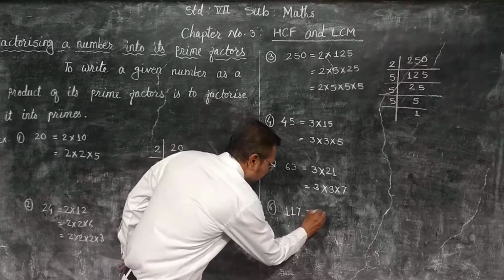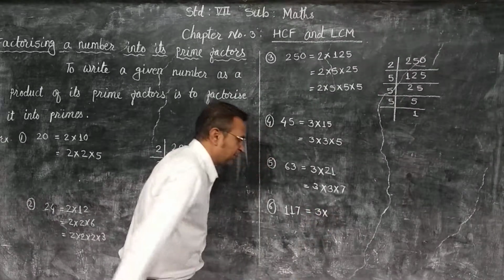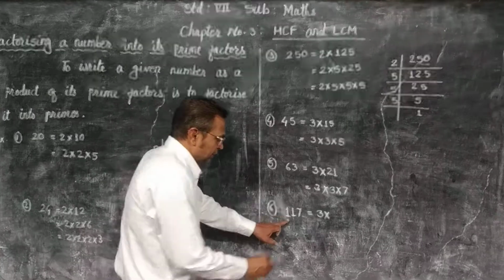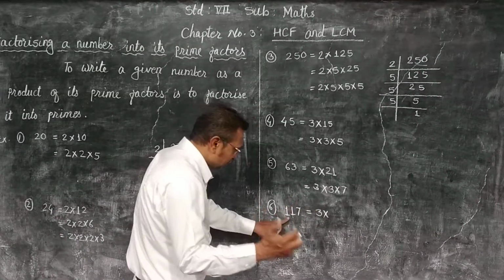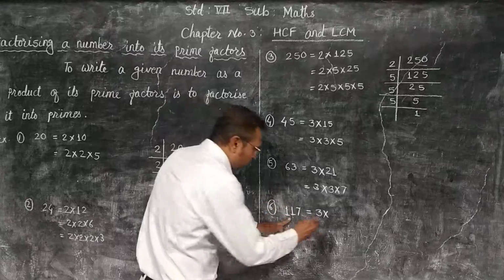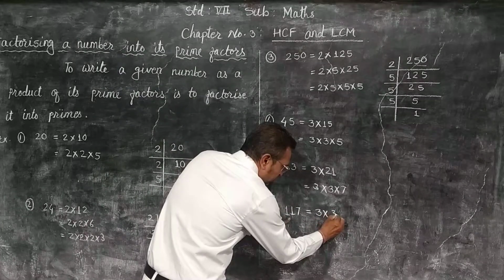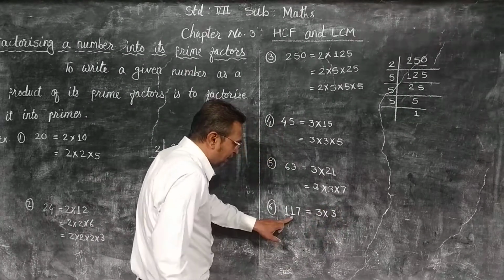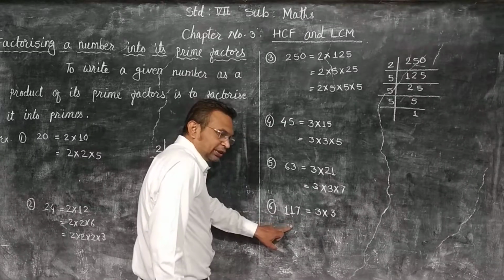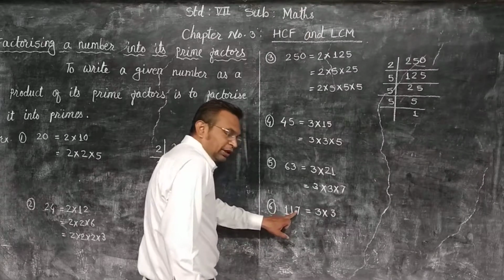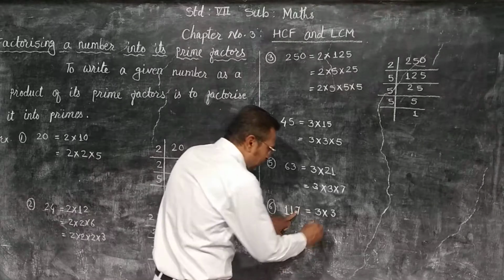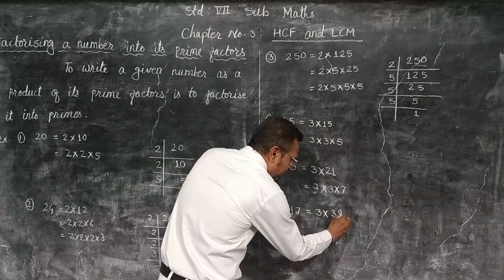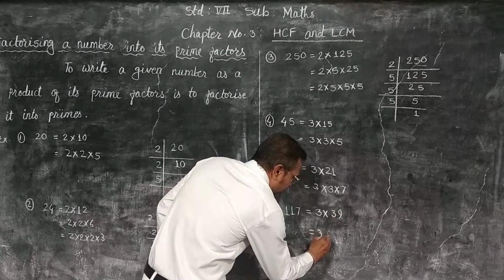Yes, we can use the test of divisibility by 3. 3 1s are 3, 3 2s are 6, 3 3s are 9, 3 4s are 12. Therefore we write here 3 3s are 9. 11 minus 9, carry 2, becomes 27. 3 9s are 27.